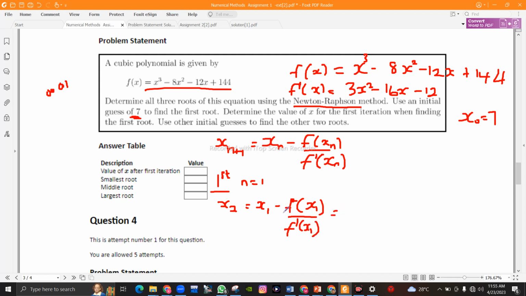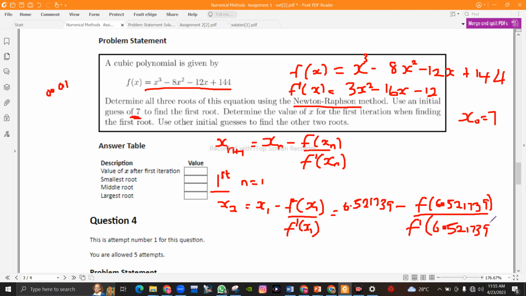Our x1 was 6.521739, minus f of x1, which is 6.521739, divided by f prime of x1, which is also 6.521739.